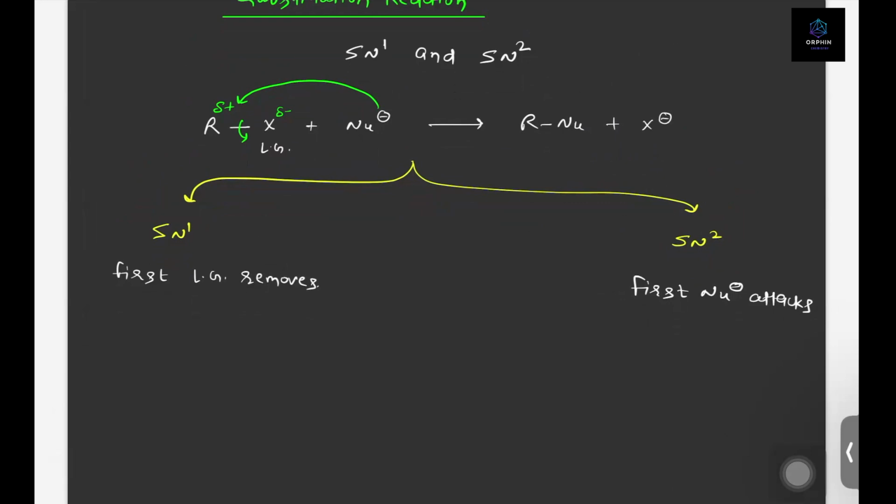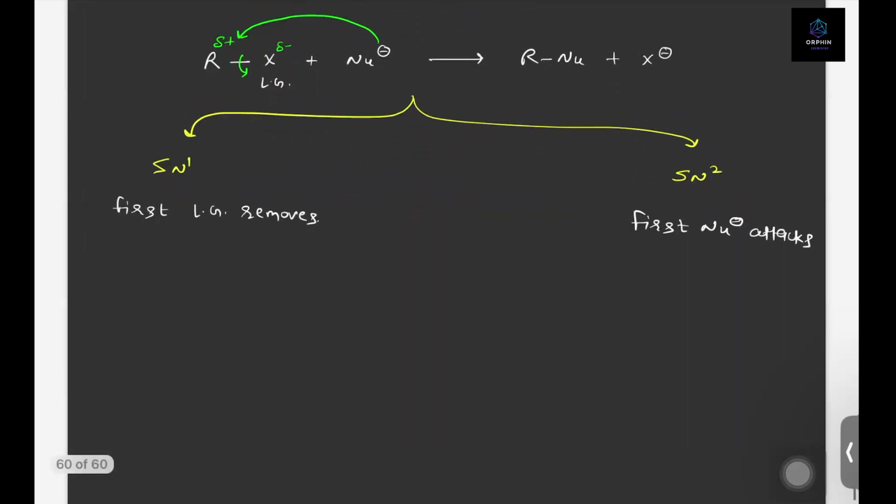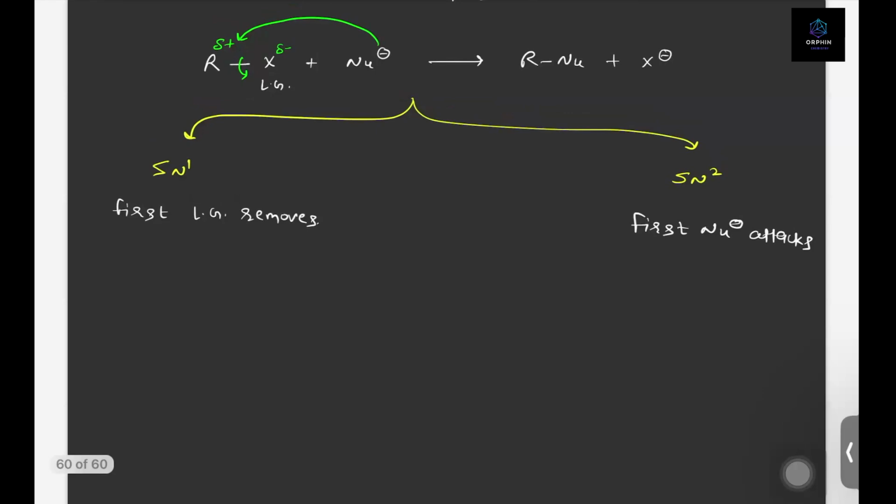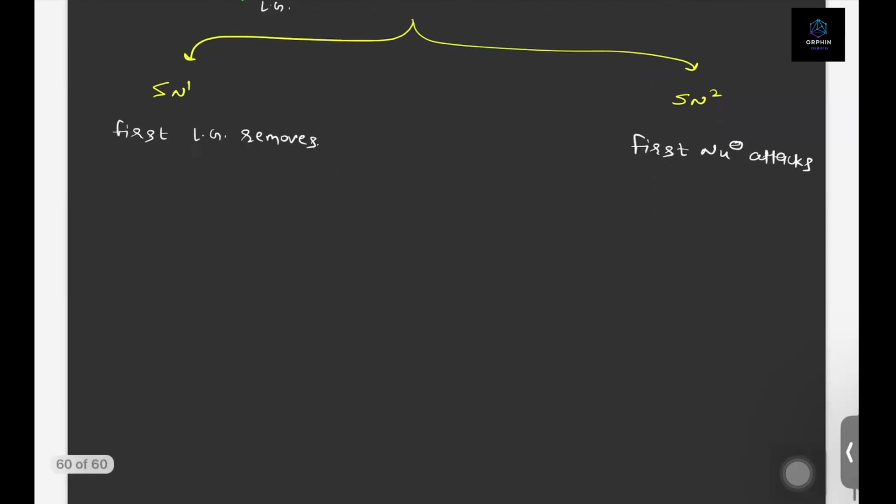When the leaving group is removed first, in what way will the reaction happen? Suppose I have a carbon with Br, and CH3OH as the nucleophile, which is a nucleophile because oxygen has a lone pair of electrons.